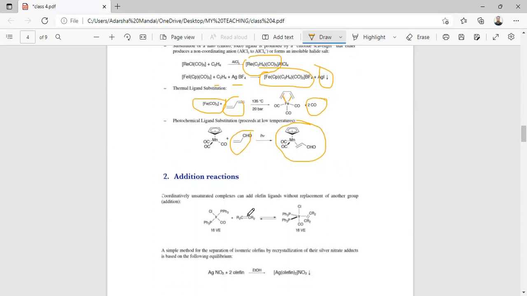So next is the addition reaction. Addition reaction means the coordinatively unsaturated complex can add an olefin ligand without replacement of another group. That means an electronically unsaturated complex will react with this alkene moiety to form the metal alkene bond.